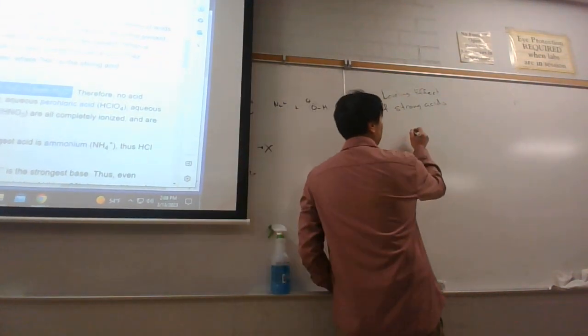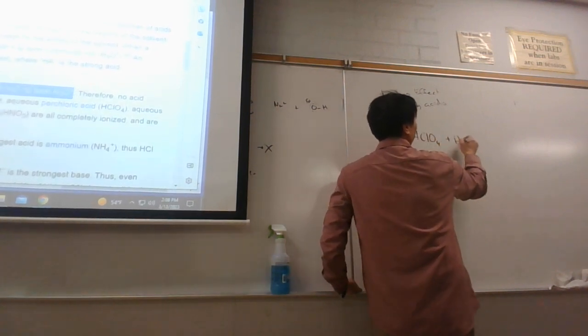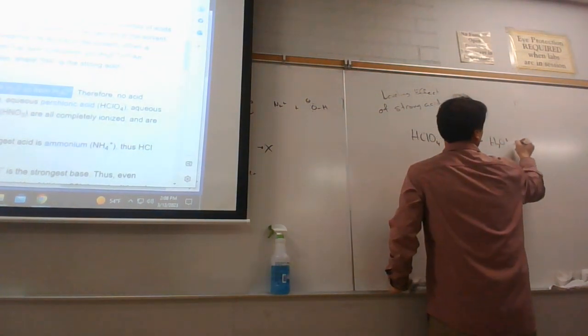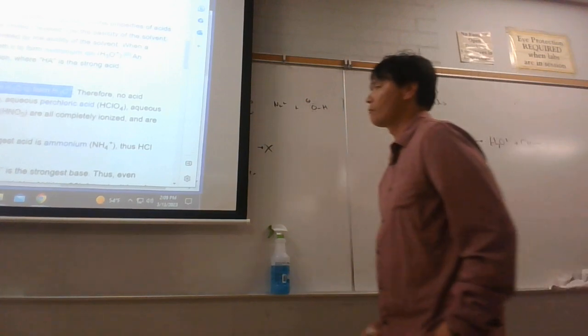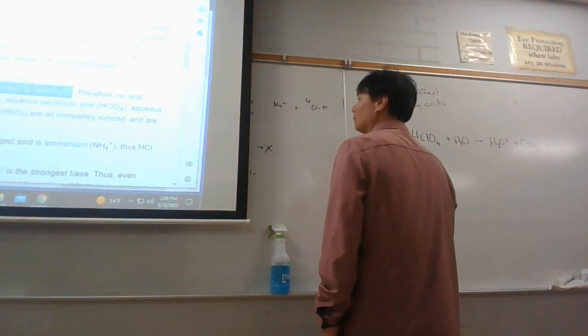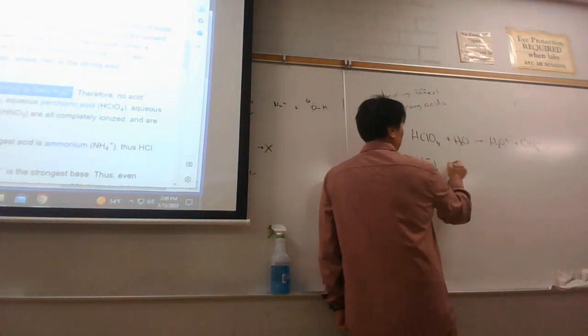So let's pick the strongest acid, HClO4. React that with water, it's going to form hydronium and ClO4 minus. Let's pick a little weaker acid, HCl.